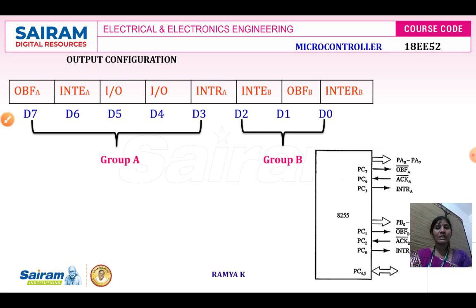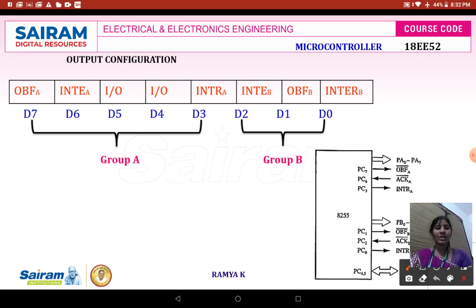Here also, since it is output, you could see the arrow marks shown here, PA0 to PA7 and PB0 to PB7. So the arrow mark is just outside because it is the output configuration. When your output data is latched, then OBF, that is output buffer full, is enabled.